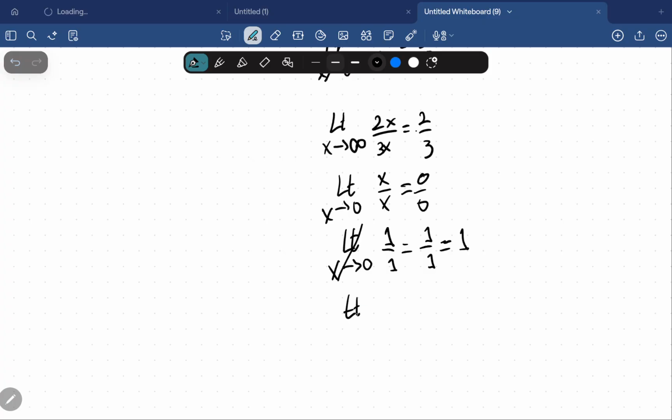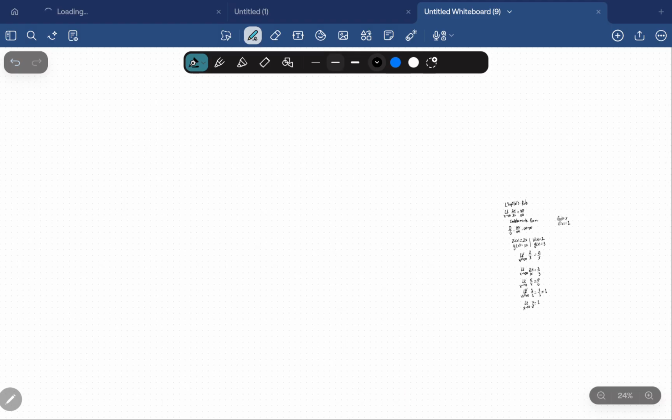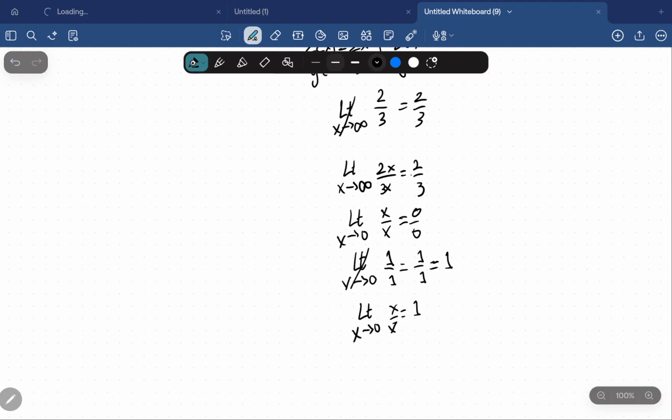So for this limit, as x reaches 0, x over x is just equal to 1. Now, the limit is not always so simple.